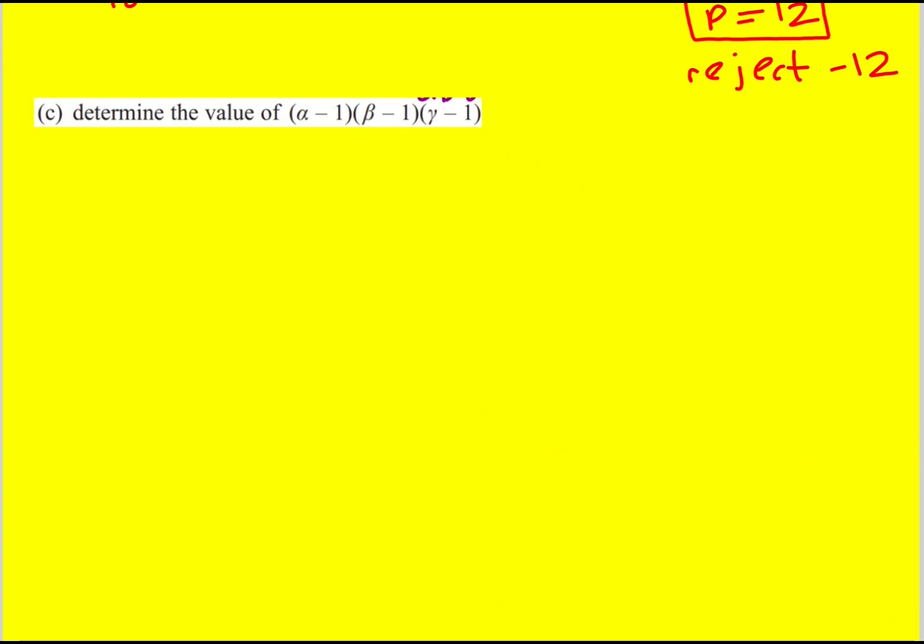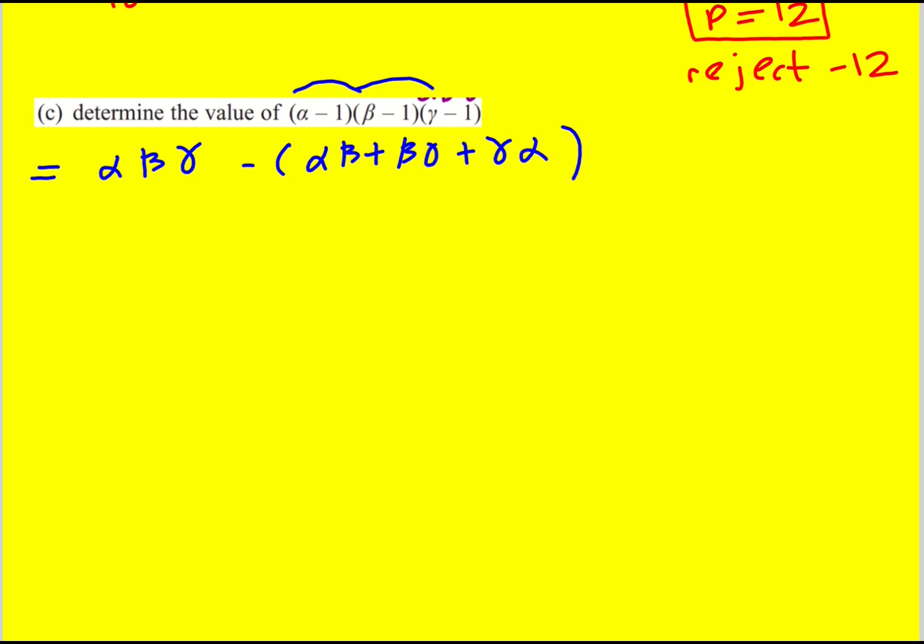Well, let's multiply it out, but we're going to try and do it in a really quick, smart way. I can see that I'm going to get alpha, beta, gamma from here. And then I'm going to do alpha times beta times minus 1 but I'm also going to do alpha times gamma times minus 1 and beta times gamma times minus 1. So I'm going to get minus alpha beta plus, like this just comes with practice if you don't see it.